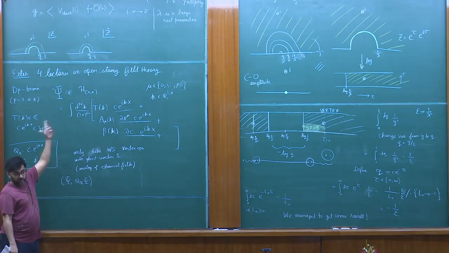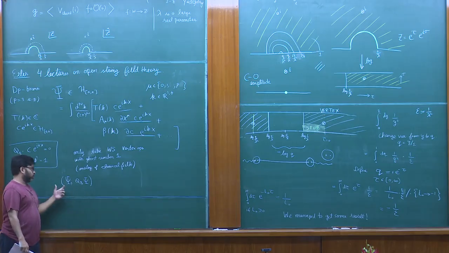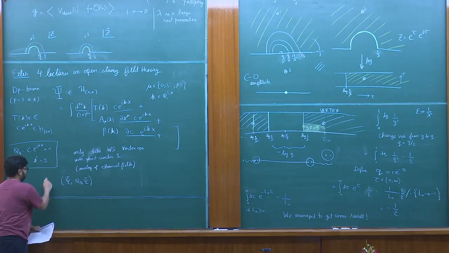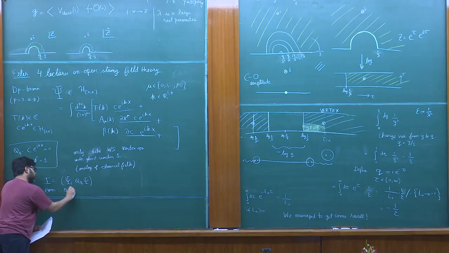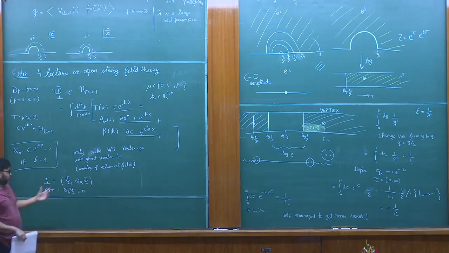So that Hilbert space has a BPZ bilinear form. That is just the action. So you can also see that the equation of motion will be Q_B psi equal to 0. So this is the action, and the equation of motion is Q_B psi equal to 0. So this will include as a special case the on-shell conditions, right?